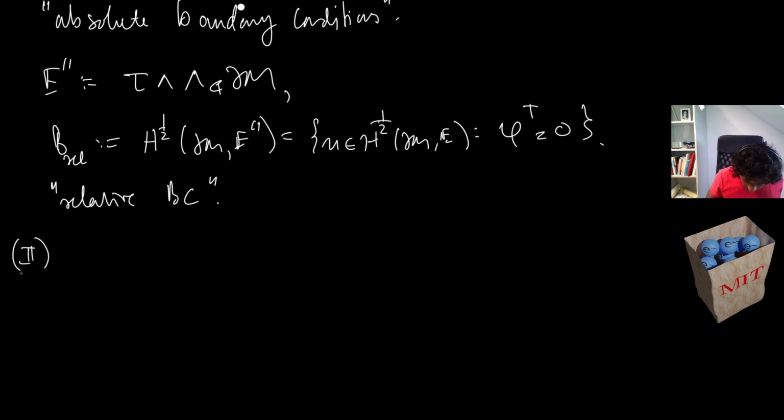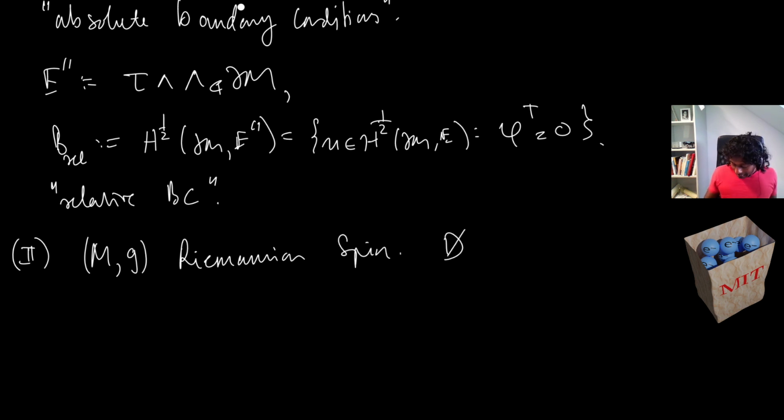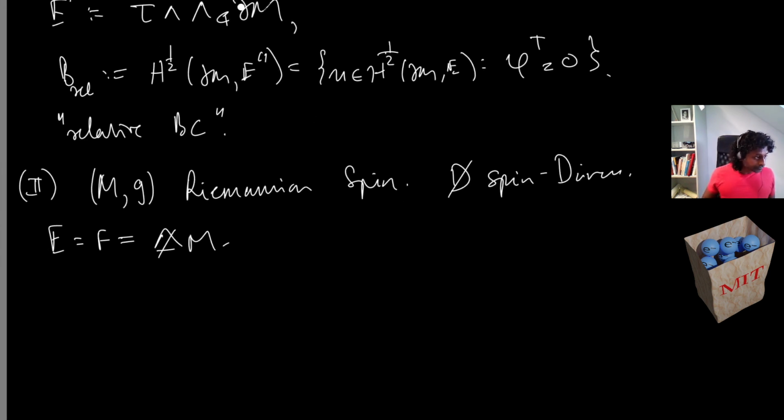Now, lastly, let's instead assume that this is not just Riemannian, but spin, and D slash is the spin Dirac operator, and E equals F is the spin bundle.